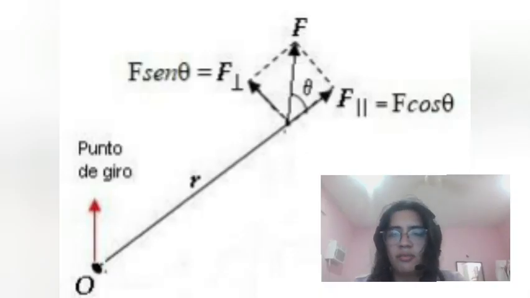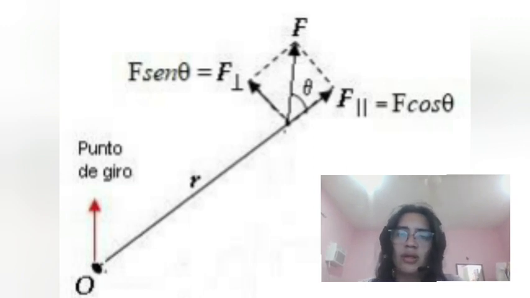As we can see in the image, we have the r, that is the distance between the point of rotation and the force. The o is the axis, that is also the same as the point of rotation, and we have the force. The force is divided in two components, fx and fy.